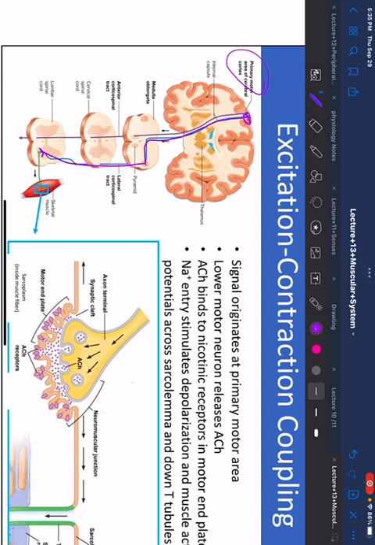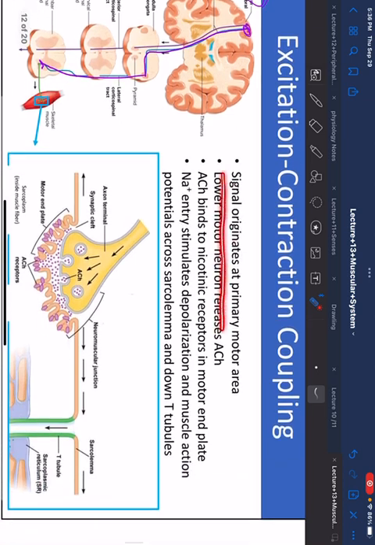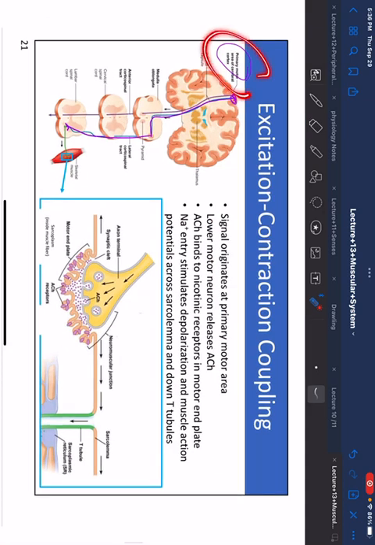That's why we get crossing over here. This is the pyramidal tract, which we learned about during the central nervous system. So the signal for muscle contraction begins at the primary motor area of the frontal lobe. And then we'll have a second motor neuron that goes from the spinal cord to the effector.